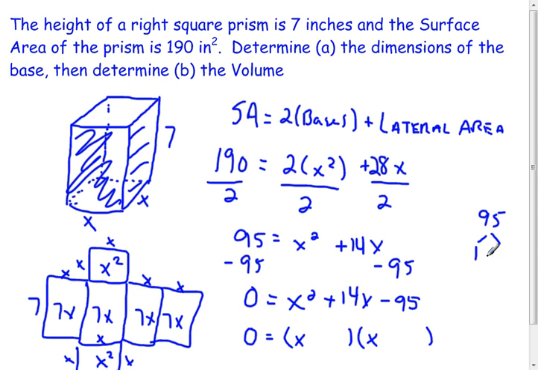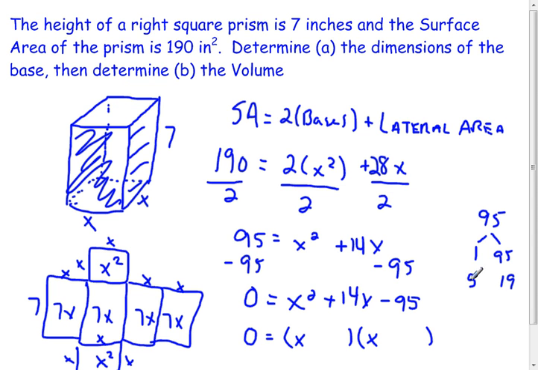I know that 1 and 95 multiply up to 95. And what I'm looking for is something that's going to add to 14. Because when we take this number times x and this number times x, those are going to be our x terms, and they're going to have to add up to a positive 14. I also know that 95 is divisible by 5, and it goes in there 19 times.